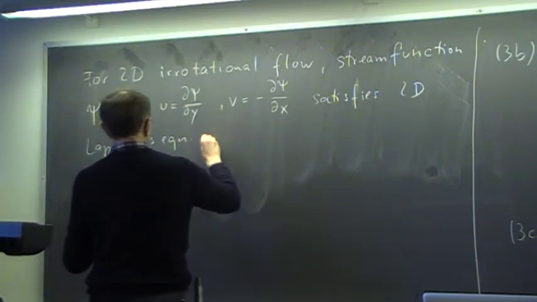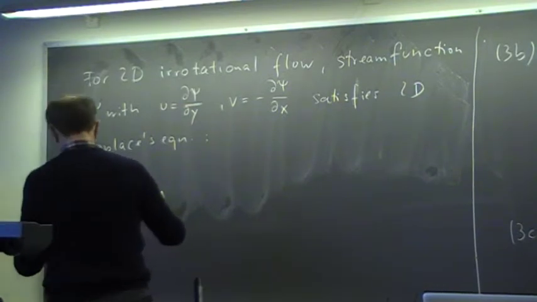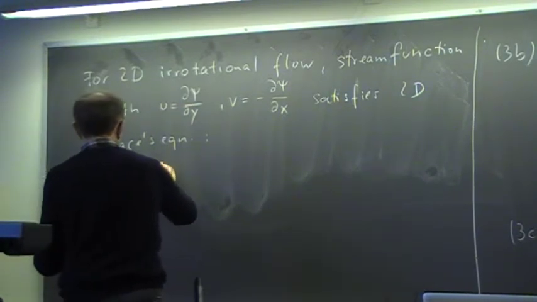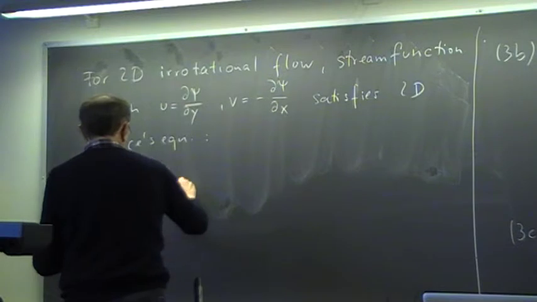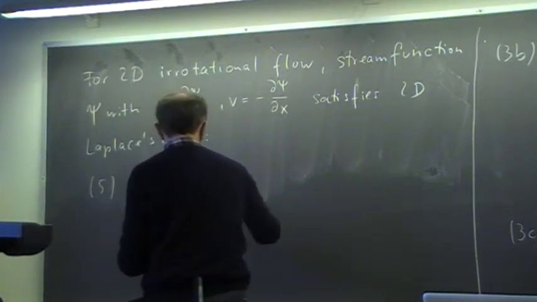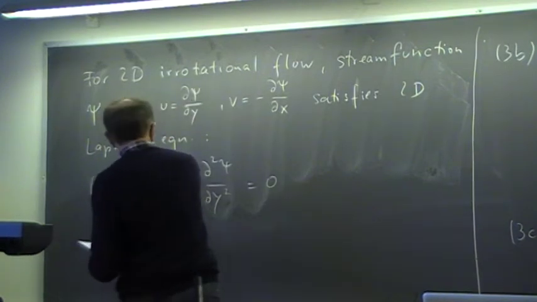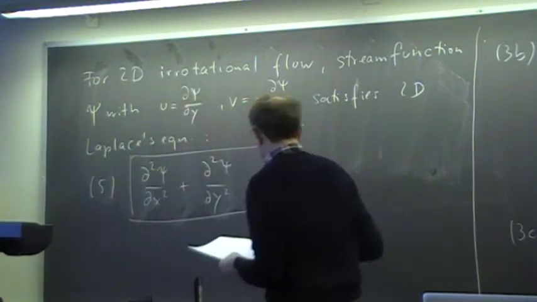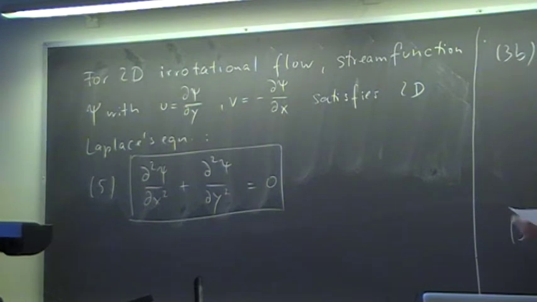And that is the following: the second derivative of psi with respect to x plus the second derivative of psi with respect to y is equal to 0. We saw that also with Radar on Tuesday, where psi is constant, that is indicating a streamline. So this is a nice way to illustrate flow that is irrotational. So that is the basic assumption.